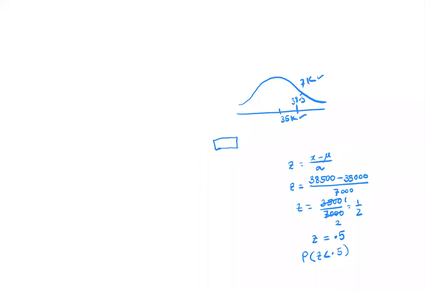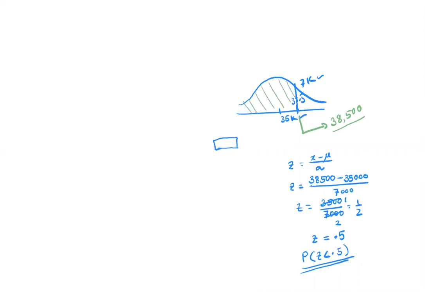If I tell you, find the probability that z is less than 0.5, which in essence is telling you the following: you are finding the probability that x is less than 38,500. That means, what is the probability that a randomly selected person would make less than 38,500, which would be like finding this area.